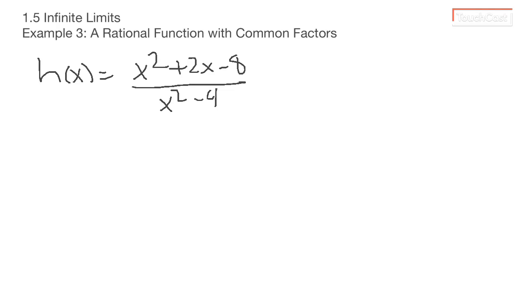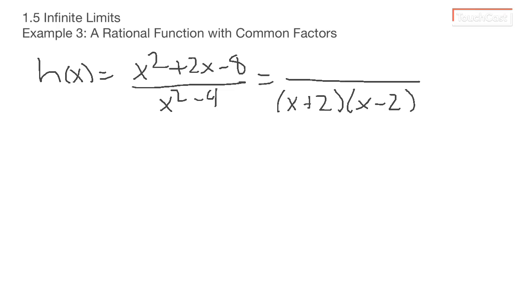So what we're going to need to do first is factor both our numerator and denominator because we're going to see if there's any common factors. I'm going to start factoring my denominator because I know that x squared minus 4 is a difference of 2 squares, so that's going to factor to x plus 2 times x minus 2.